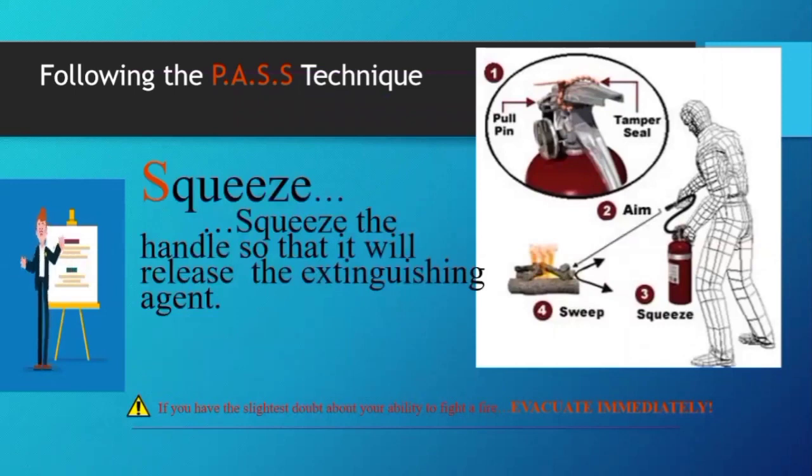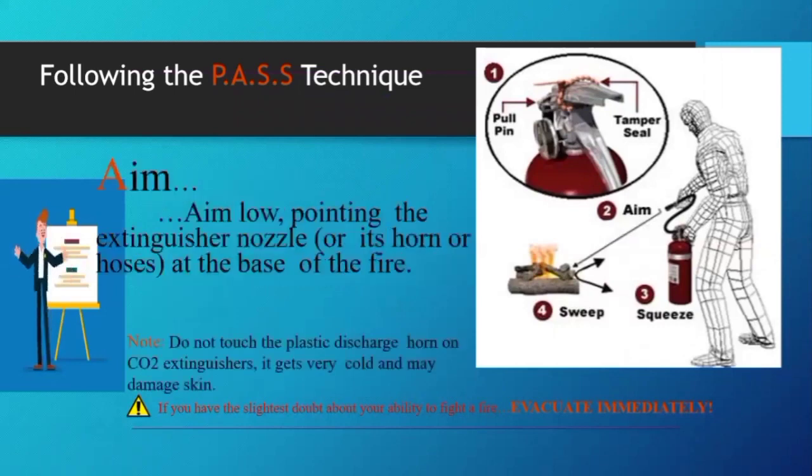Next, you have to hold the nozzle of the fire extinguisher and point it towards the base of the fire. But why do we need to aim at the base of the flame? It is because that is the source of fuel.